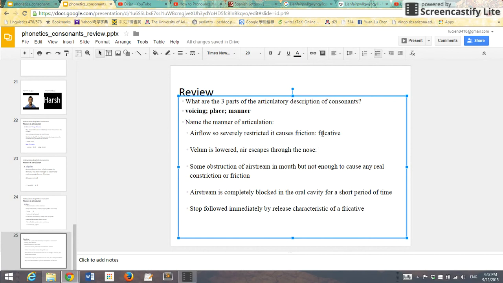What is this manner? Nasal. Do you get this? And then some obstruction of airstream in the mouth, but not enough to cause any real constriction or friction. What kind of manner is this one? Liquid.